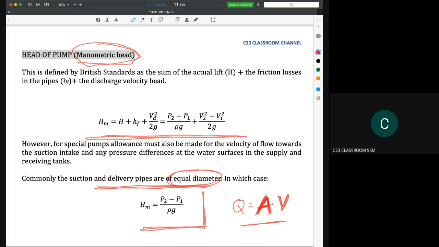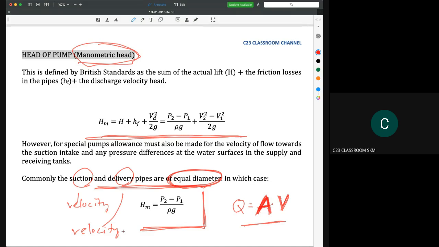So if the suction and delivery pipes have equal diameter, the velocity at suction and the velocity at delivery remain the same.